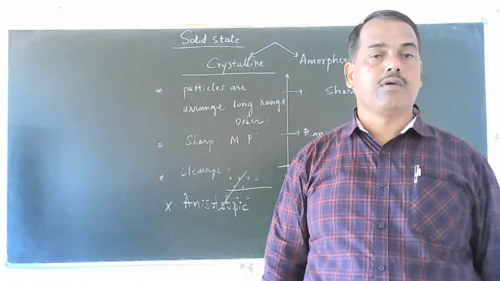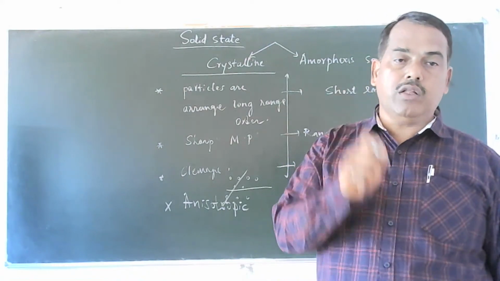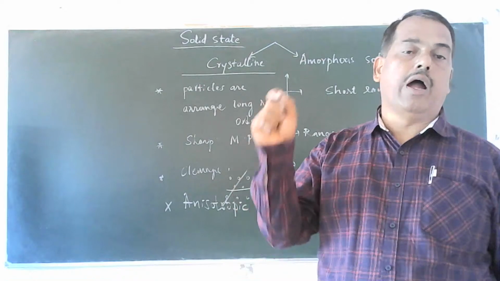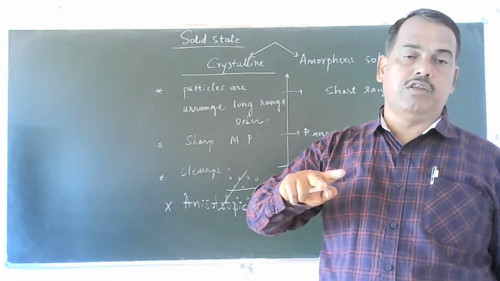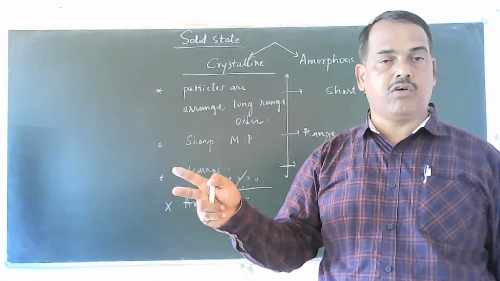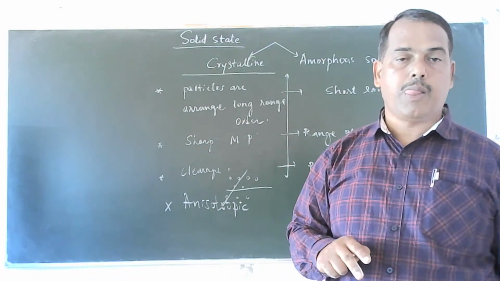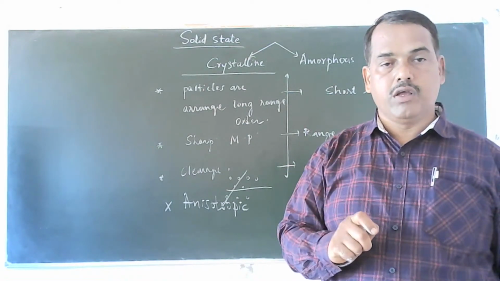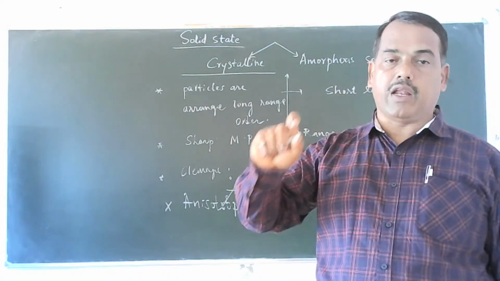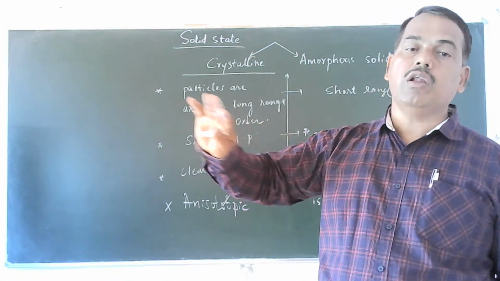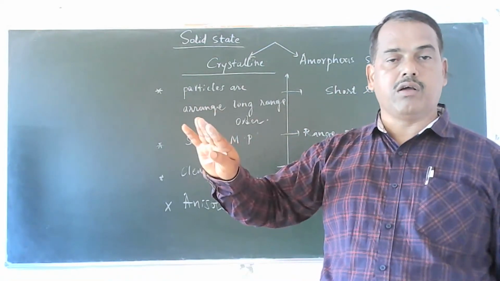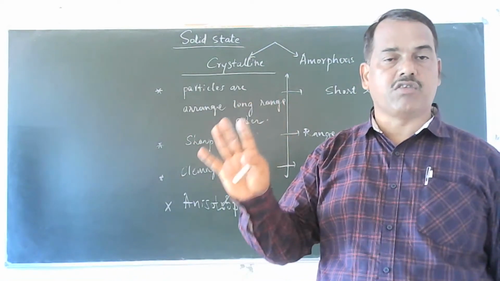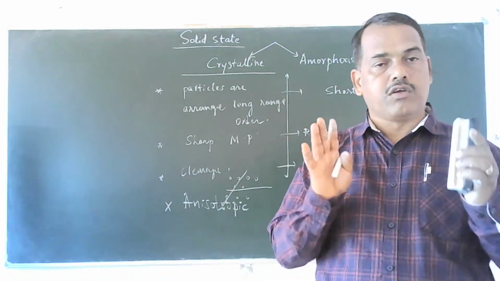Are you clear? Okay. See, by knowing the characteristics of solid state and the types of solids, those are crystalline solid and amorphous solid. So, what are crystalline solids? In solids, if the particles are arranged in a long range order, they are said to be crystalline solid.